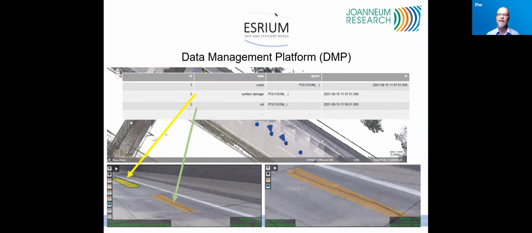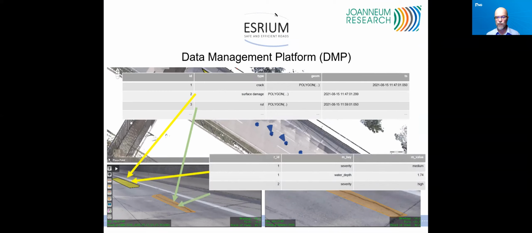We have to have timeliness in the data stored. Also, it provides a classification, so the severity. It also provides features like how much water can be accumulated in the given roadware features, and also there are a number of other attributes and metadata which will be extremely useful for later use.